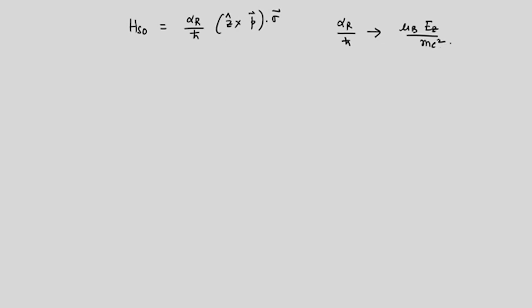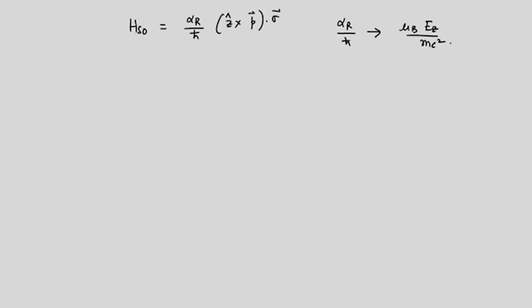So the spin orbit coupling takes this form, where Z cap is the unit vector in the Z direction, perpendicular to the 2D plane, and this is crossed with the momentum and dotted with the electronic spin. Make no mistake that we are really talking about spin by sigma.